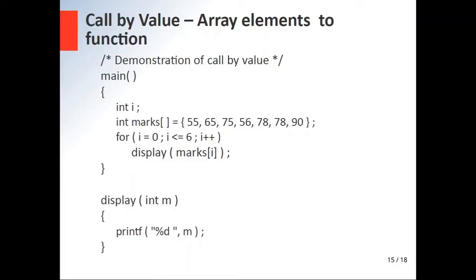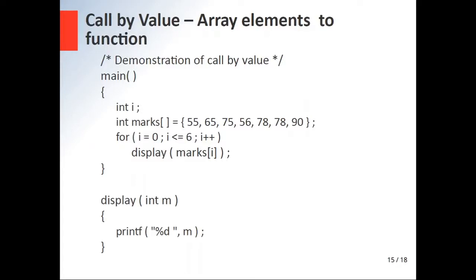So when the execution starts, the loop variable i is set to 0. So in the first loop, it calls the display function with marks[0]. marks[0] is 55, so it passes the value 55 to the display function.